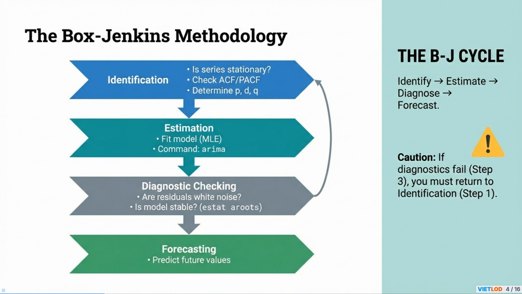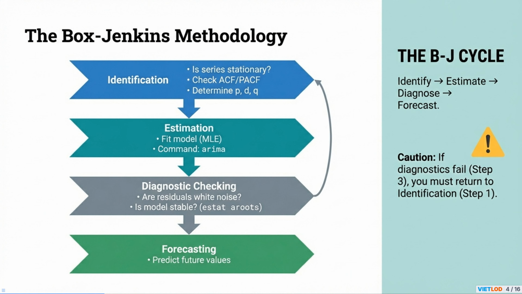The Box-Jenkins methodology is an iterative, four-step process for building ARIMA models. The first step is identification, where we check for stationarity and use tools like the ACF and PACF to determine the model's parameters, P, D, and Q. Next is estimation, where we fit the chosen ARIMA model to the data, typically using MLE, or maximum likelihood estimation.